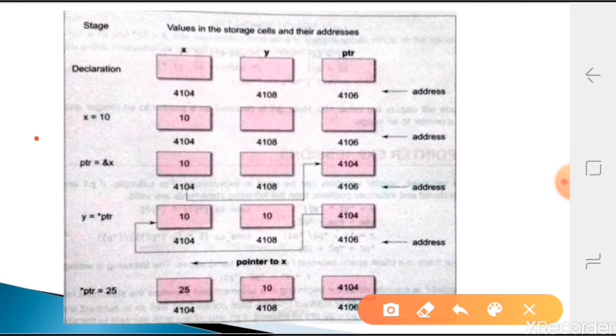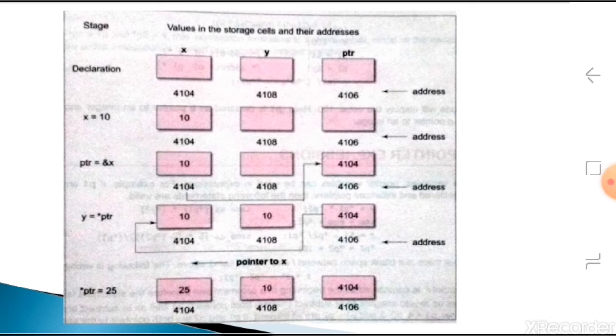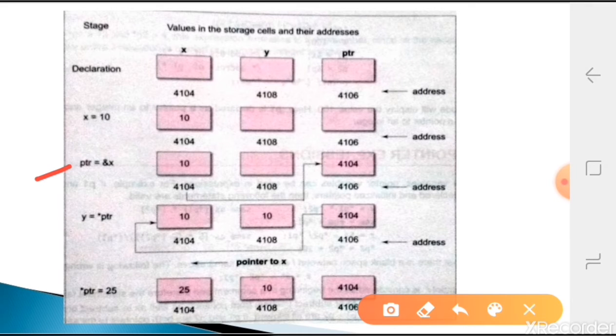The next step is x equal to 10, that is, in the x variable we give the value 10. After that, line number 7, we have ptr equal to address of x. In the ptr variable I have to give a value, and that value is the address of x.